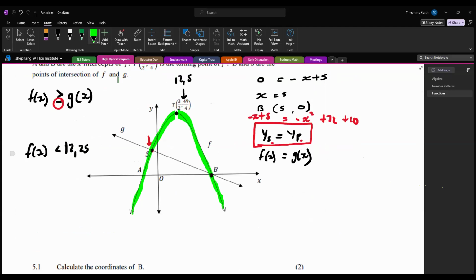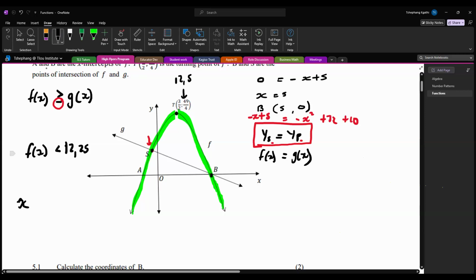Now, what is that region? Somebody could have said x is less than 3/2, or x is greater than 3/2. But I just wanted to say x is an element of real numbers.